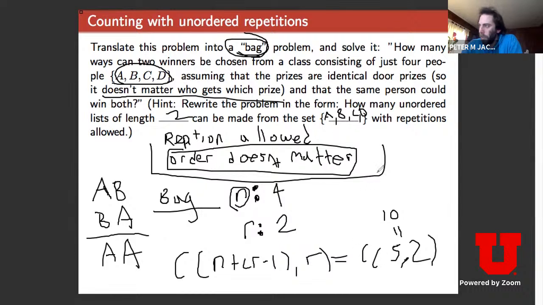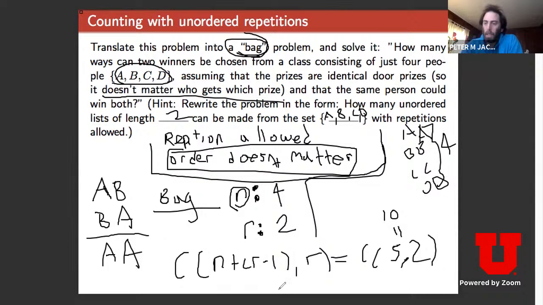That's the answer to the problem, but there's another way to think about it. A is allowed, B is allowed, C is allowed, and D is allowed. Those are all the repeats. There are 4 repeats corresponding to giving both prizes to one person.